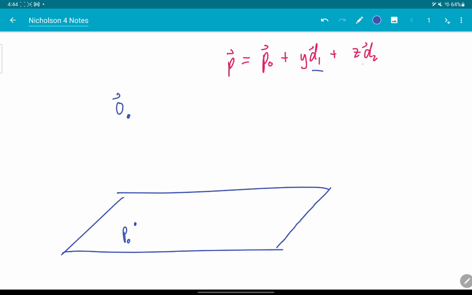Now d1 and d2 are vectors that are parallel to the plane. So let's draw them at the origin just to say, okay, well this guy, let's say this guy is d1. And we'll have d2 going horizontal just to drive home the point.